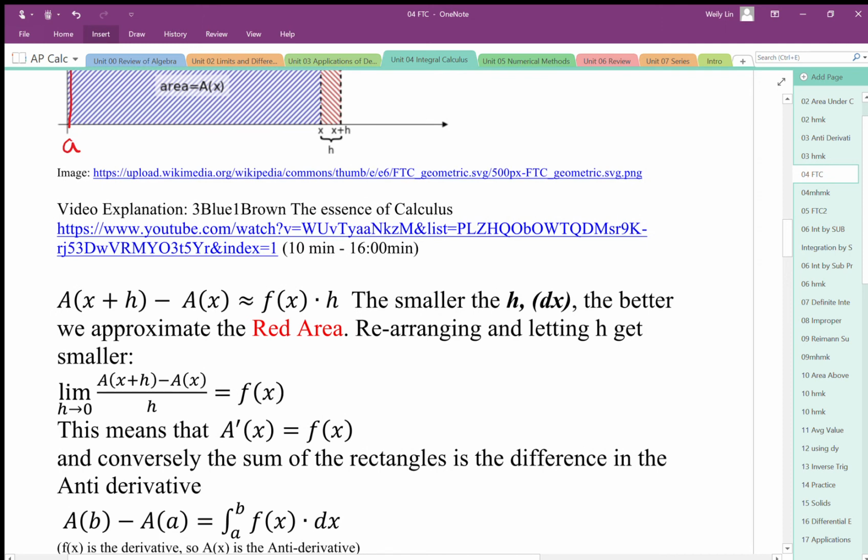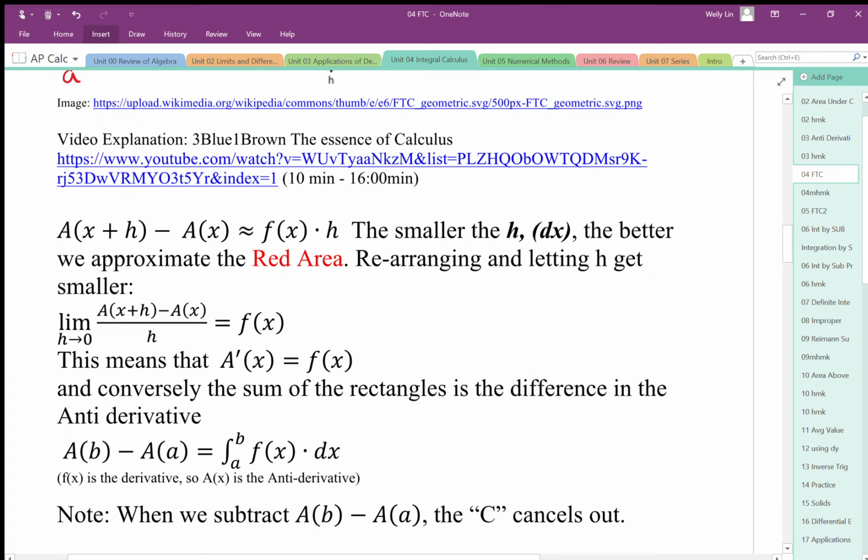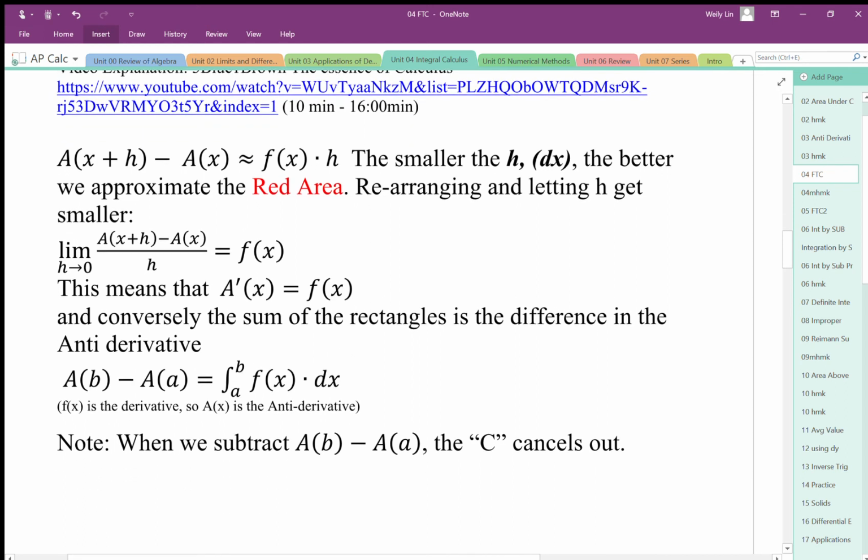That's essentially what I'm going to do when I make the h really, really small. So that means that A prime must be f of x, the derivative of the area function. And so we can also say that the sum of the rectangles is a difference in the antiderivative. So this is the relationship between those two.